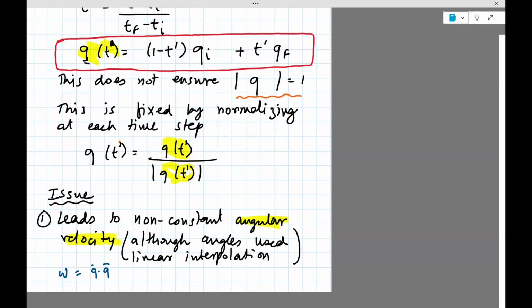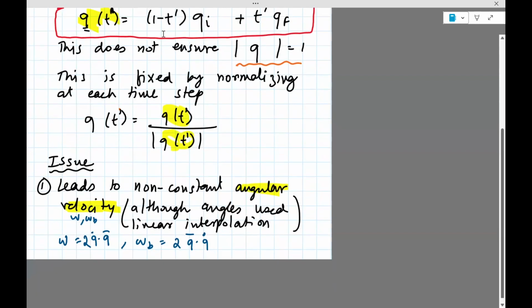There's one for the body frame and one for the other frame. For the body frame, it is 2 Q bar dot Q. So you can find the angular velocity by using this relation.